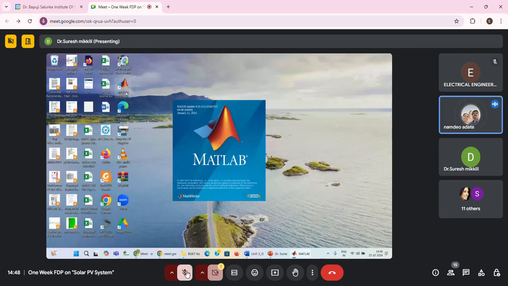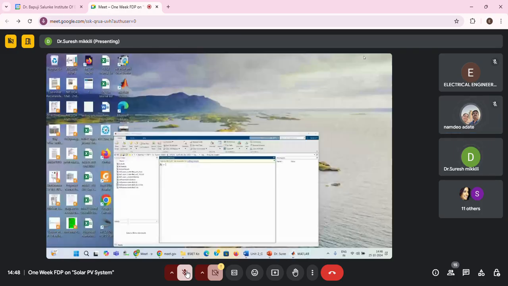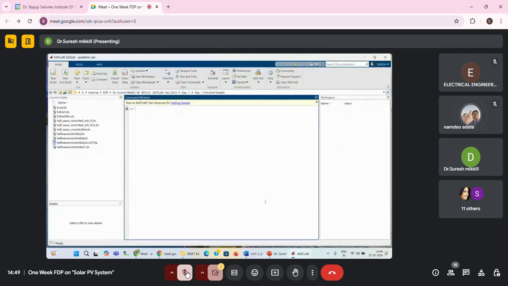MATLAB 2022. So it is getting ready. First I will try to show you one PV array.